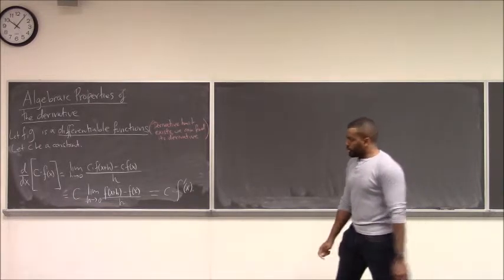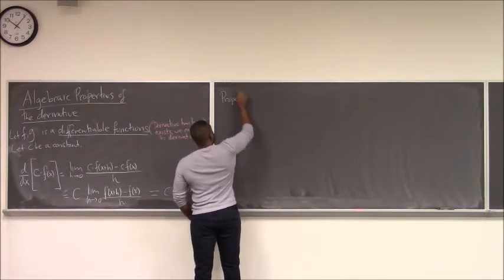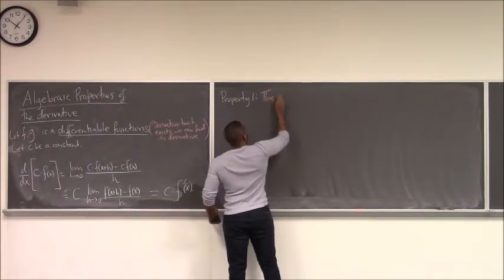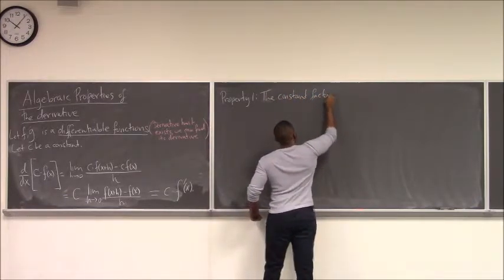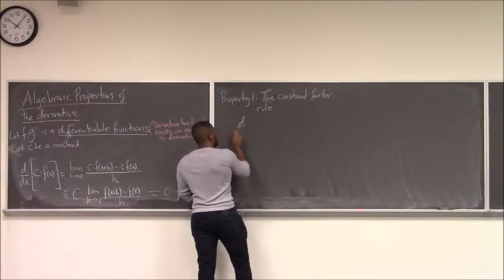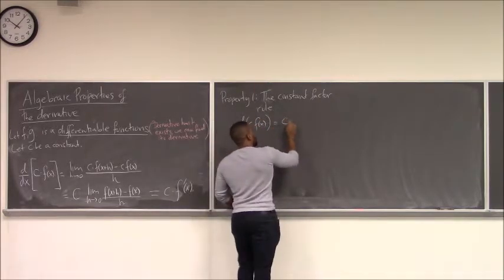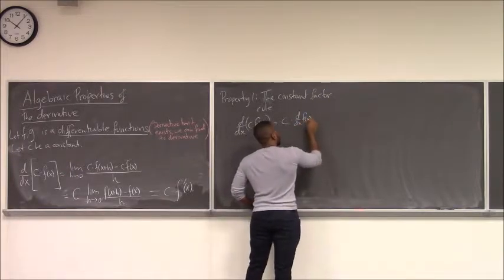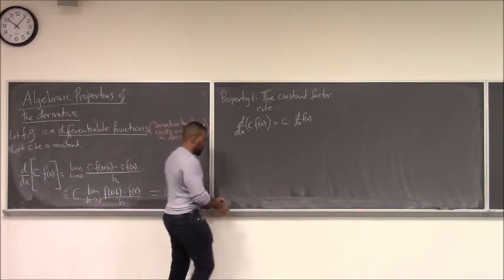And this leads us to the first property. It's called the constant factor rule. It says the derivative of a constant times a function is just the constant times the derivative of the function.